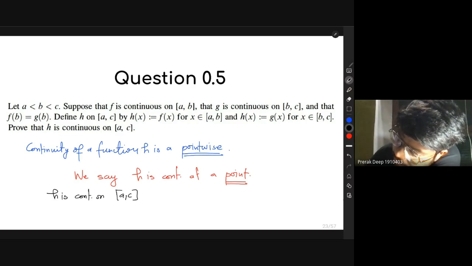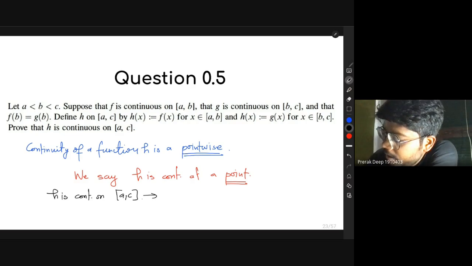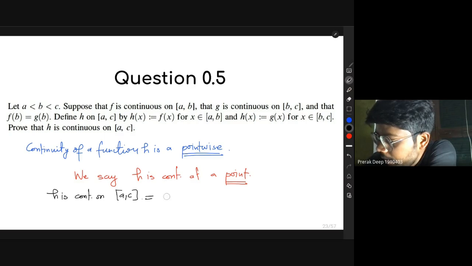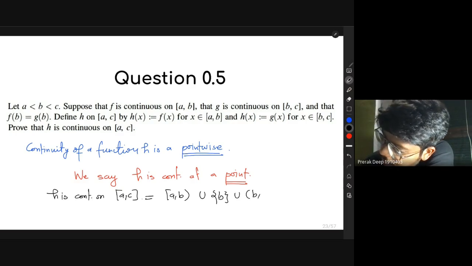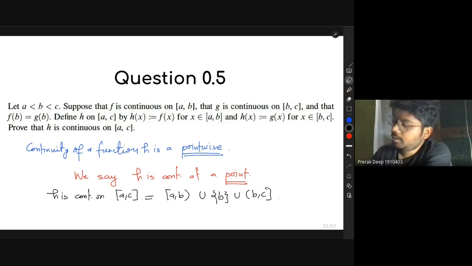I need to prove that h is continuous on the interval [a, c]. I can break this into 3 cases: [a, b), the point b, and (b, c].